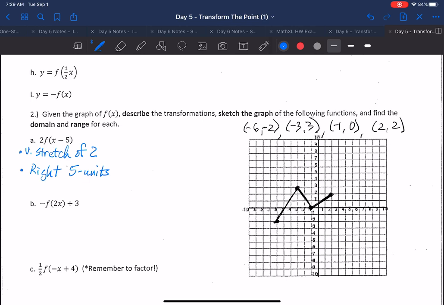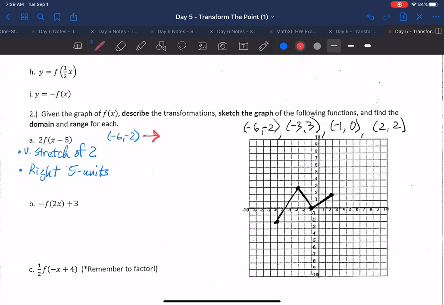So we had our 4 points over there. We can take each point and just transform it. We can take (-6, -2), and the transformed point will be a vertical stretch of 2, which means -2 gets doubled, -4, and right 5. So -6 plus 5 is -1, and -2 doubled is -4. So (-1, -4) should be my first point.